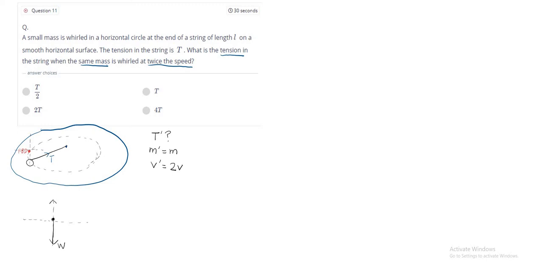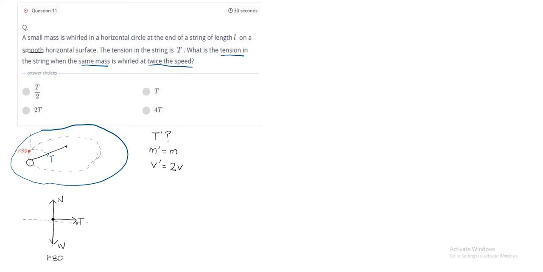It will involve the normal force exerted by the smooth horizontal surface on the small mass, called normal. Then there will be tension pointing towards the center of the circle. It's a smooth horizontal surface, therefore there will be no friction, and there's no explicit force being stated. So this is the free body diagram.